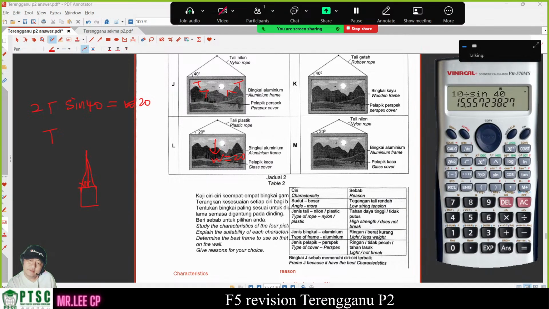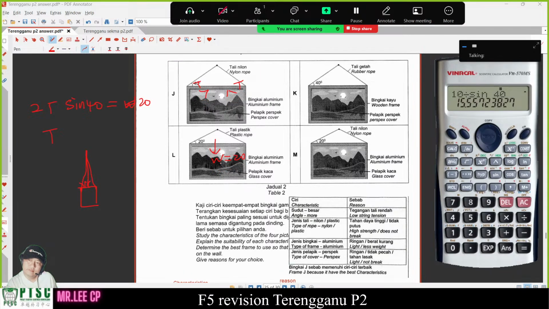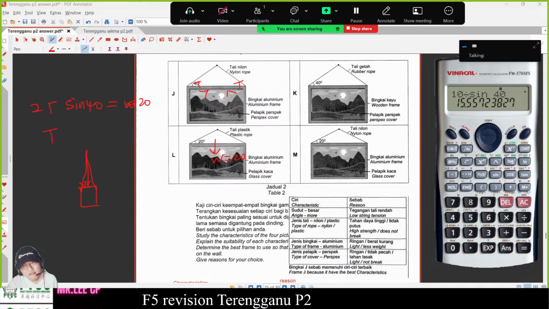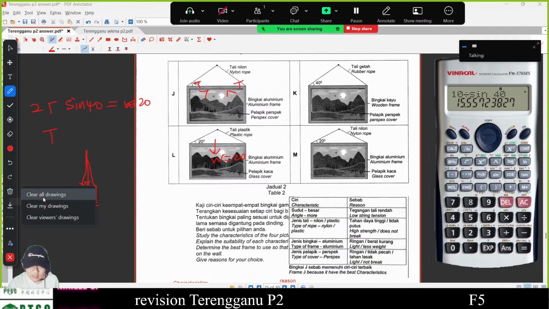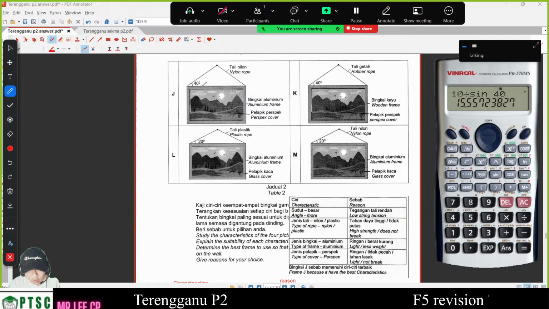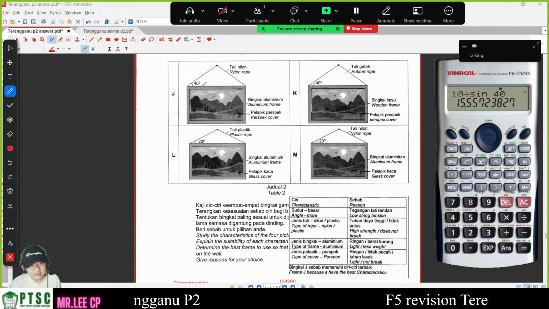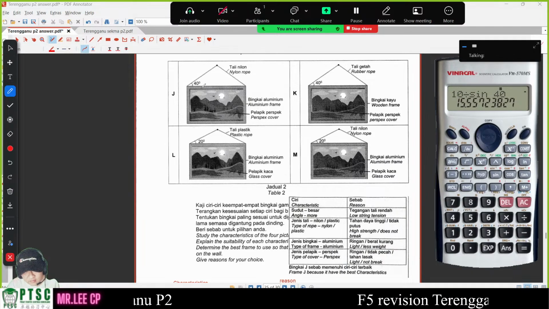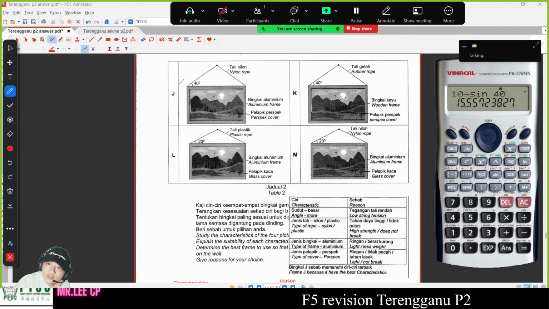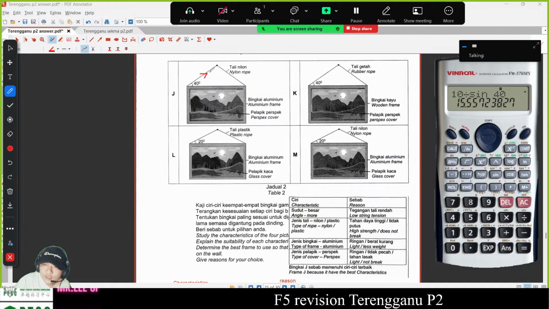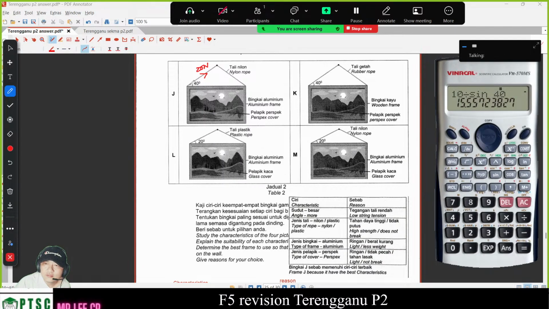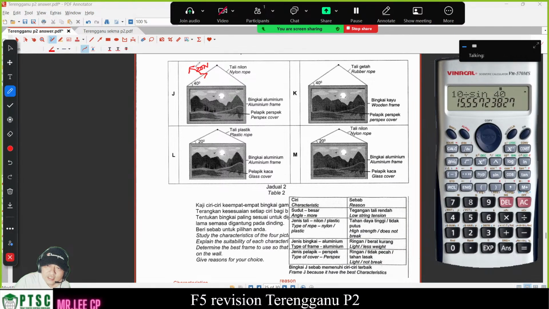Let me think. Through the calculation, nothing wrong. What's wrong? To be honest, when this anchor is small, the tension will be lesser. How am I going to tell you? Or I calculate this way. Let's say this is 20 tension. 20 sine 40.